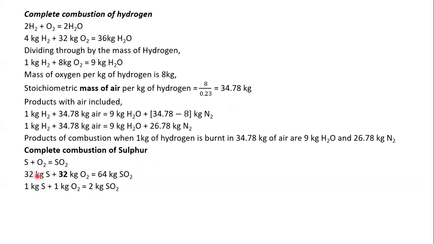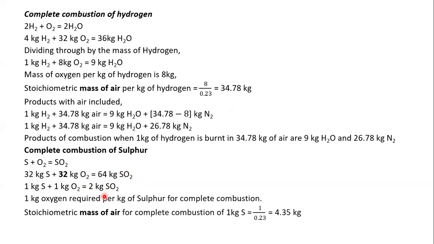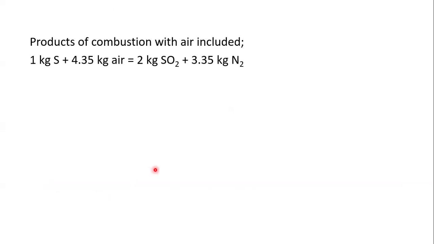Meaning that to burn 1 kg of sulfur, you just need 1 kg of oxygen. And the result is 2 kg of sulfur dioxide. If you're interested in products of combustion, you include nitrogen. So you just remove the 1 kg, which was on the air, and there you have it.